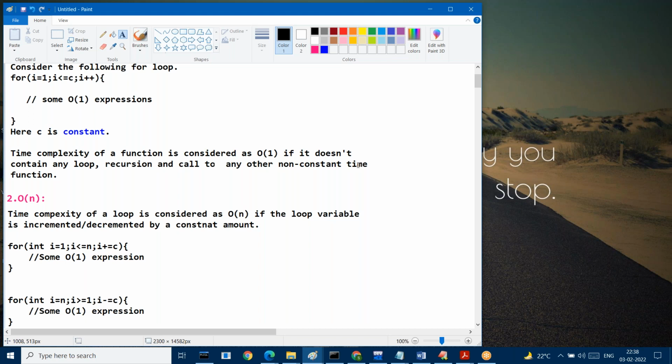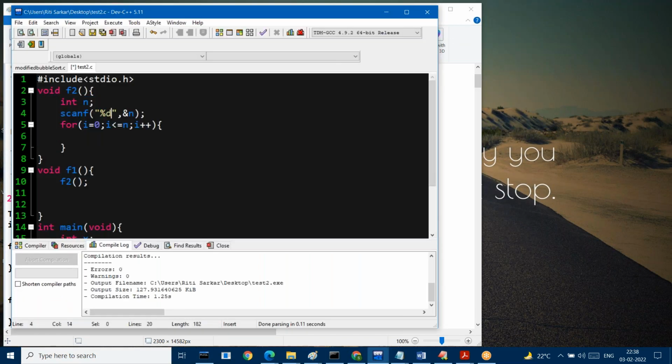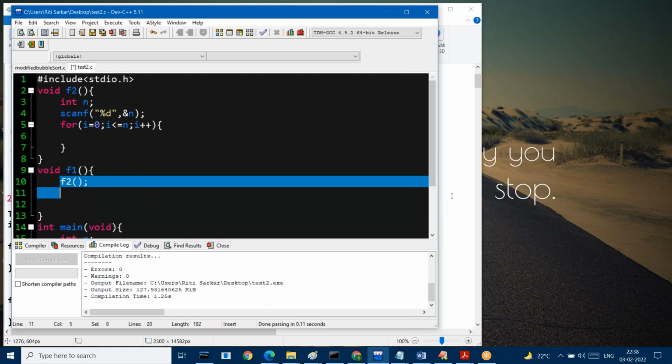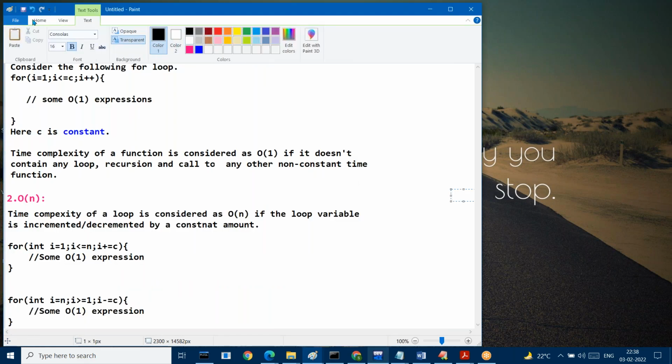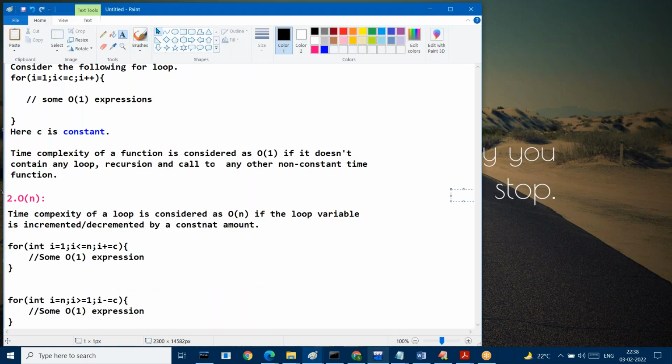By mistake, if it calls a non-constant function like f2 here, then its complexity becomes order of n. If it doesn't contain any call to a non-constant function, its complexity will be order of 1. Is it 100% clear, or are you still struggling with the terminologies? Is it clear now? Perfectly okay?